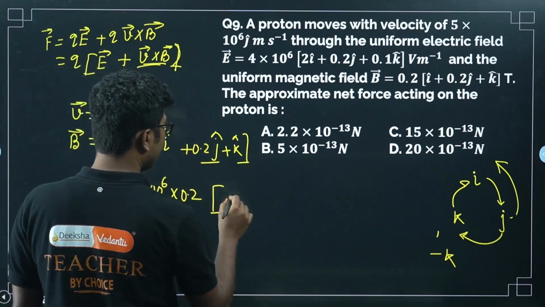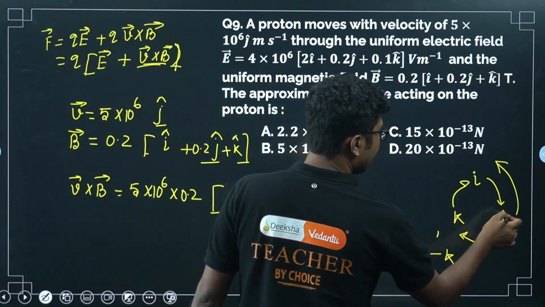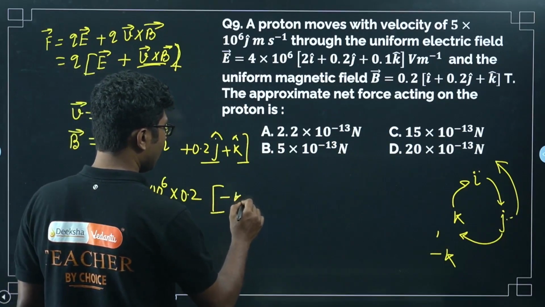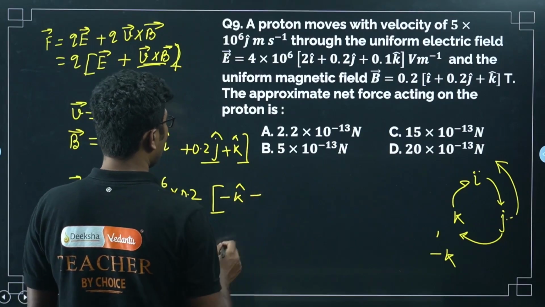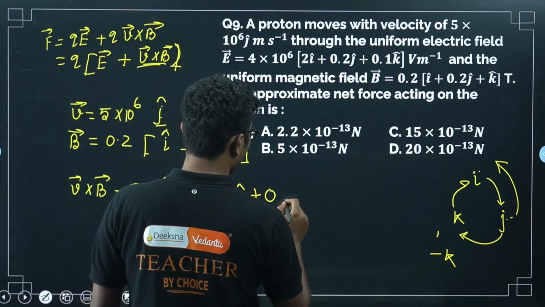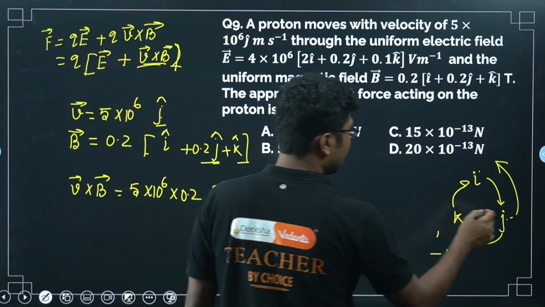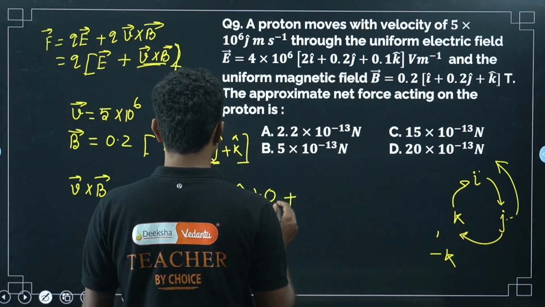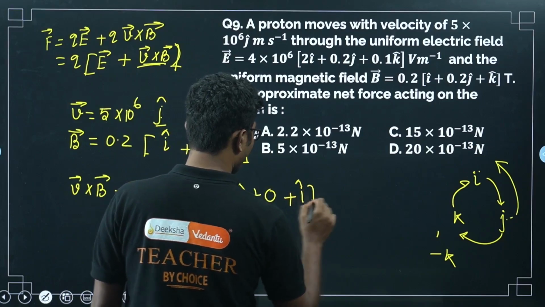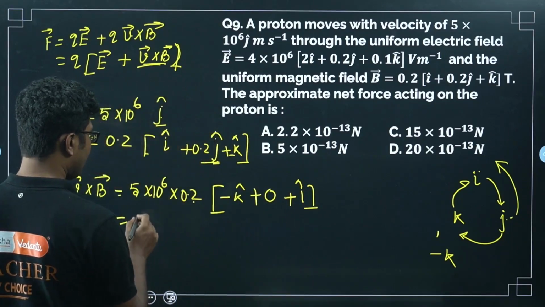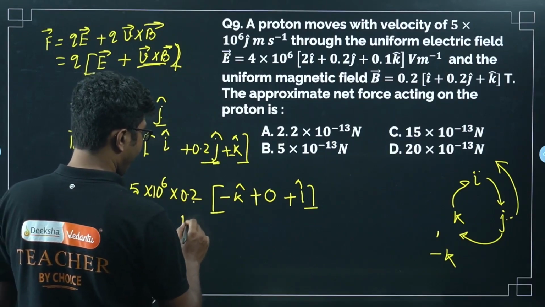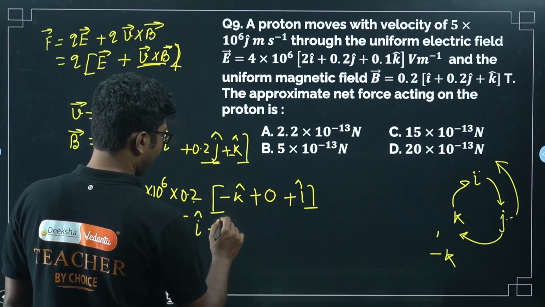So j cross I, j cross I means we are going opposite to the given direction, so that means it will be minus k cap plus this is j cap, so j cap becomes 0 plus now j cross k is I cap, and there is only one, so only I am writing I cap. Now let's multiply. It will be 5 times 0.2 is 1, so 1 times 10 to the power of 6 I cap minus k cap.